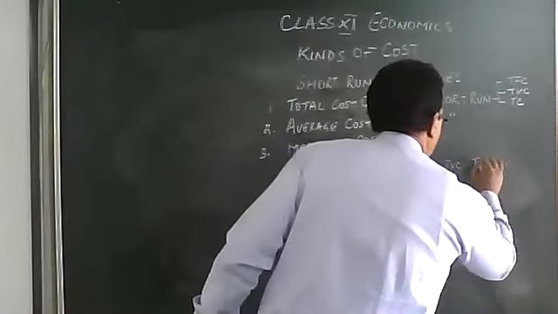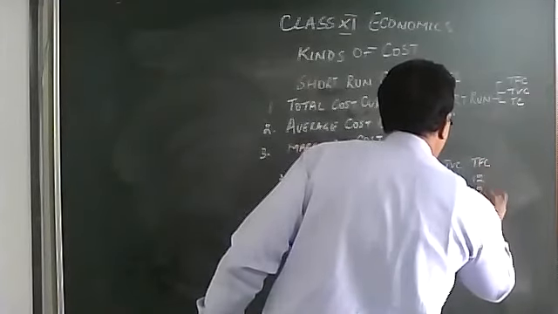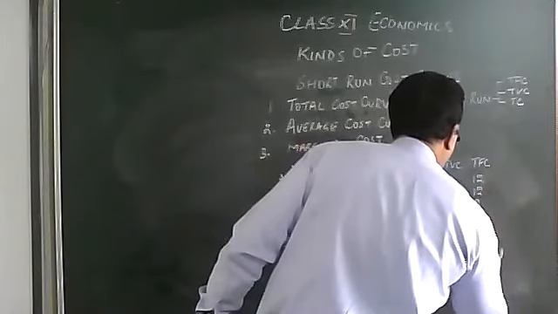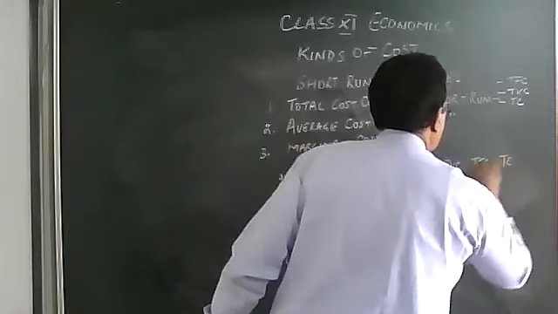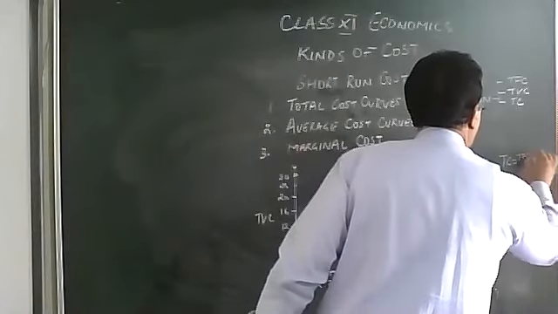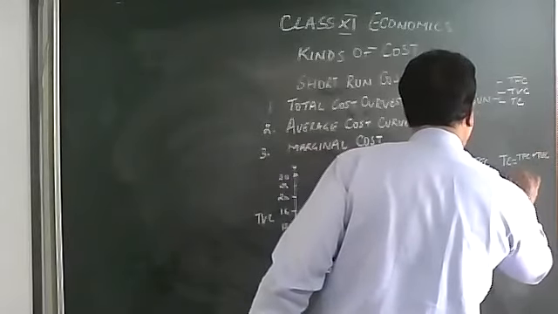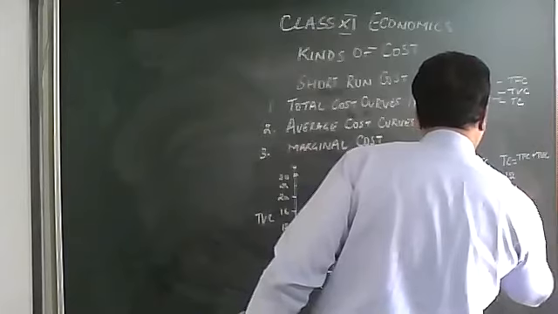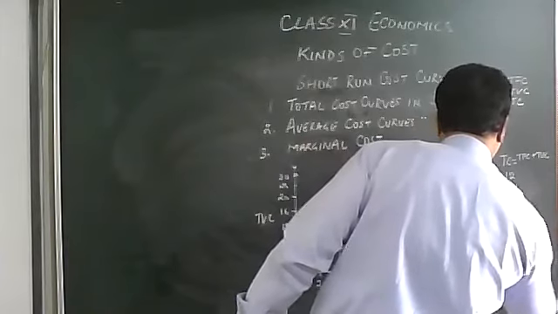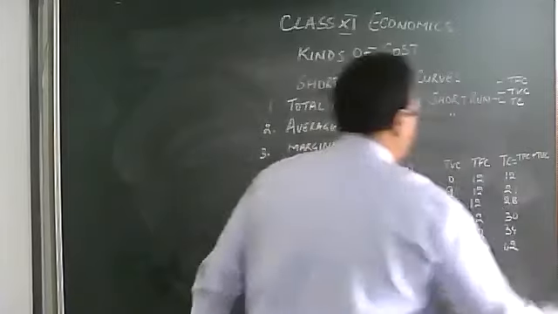So, taking this example, our fixed cost was 12. Total cost is TFC plus TVC. So the summation of this is 12, 21, 28, 30, 34, 42.